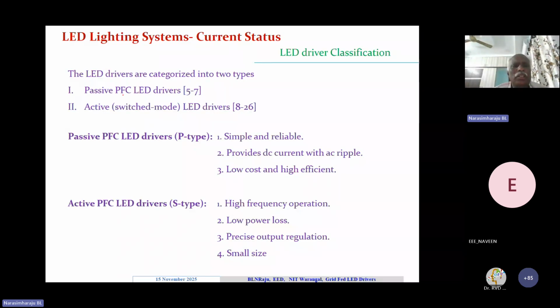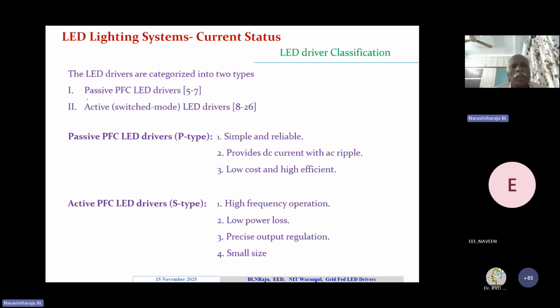See, when we use only passive elements like a step down transformer and an uncontrolled rectifier, followed by just a large limiting resistor and a capacitor.